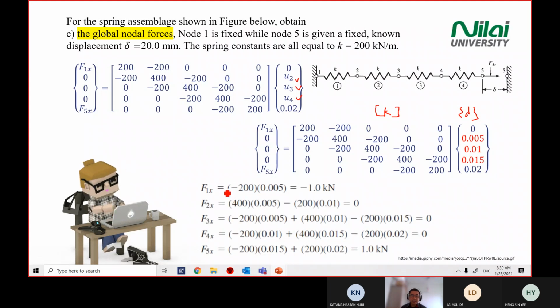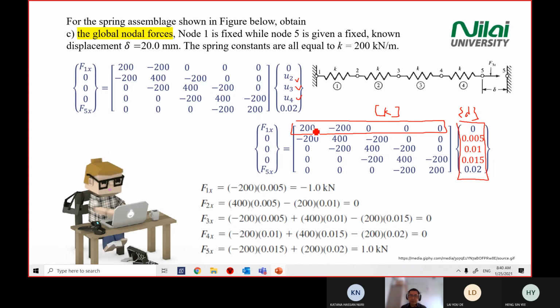So how do you get the first one? You take the first row times the first column. 200 times 0, you get 0. Negative 200 times 0.05, you get this one. And then the rest 0. 0 times this one, 0, 0, 0.